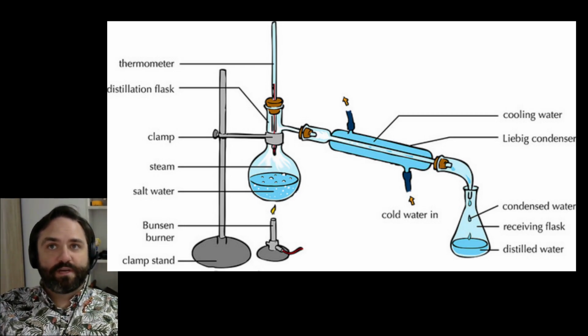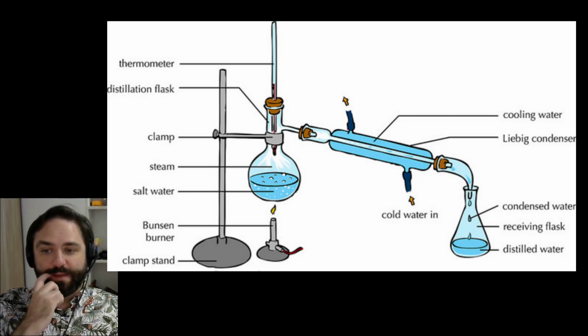If you have a very simple mixture that you know the boiling points for, for example ethanol and water, which you would get when you ferment things, you can, by carefully controlling the temperature, evaporate one of them but not the other one, and you can separate them that way.